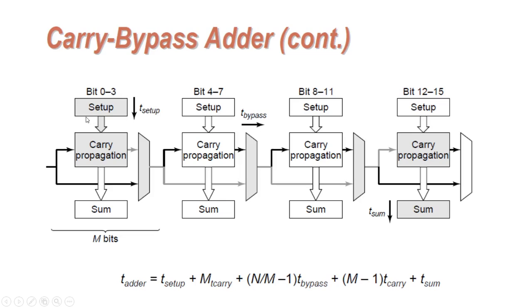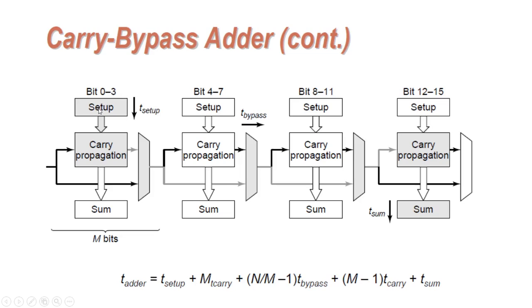They will give P0 to P15 and G0 to G15, which will be used for carry propagation. Depending on the value of Cin and the values of P's and G's, the carry will propagate or not. In this particular case, this gray colored block is the time that it is taking.